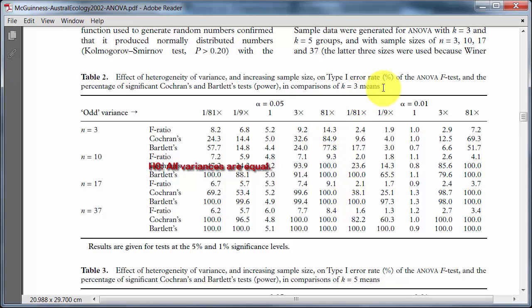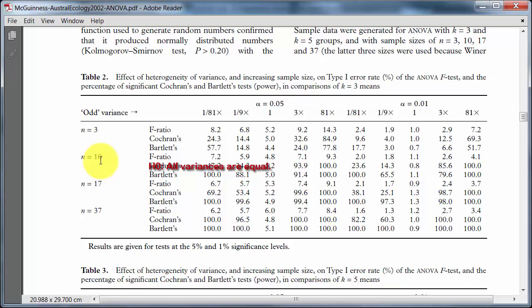If you read the caption up here, what I did was simulations with k equals 3 means, exactly the same as the one I've shown in Excel and in Minitab, where there were 3 groups. The second set of results here is for n equals 10 observations per group. And you can see it started with 3 and worked through to 37.